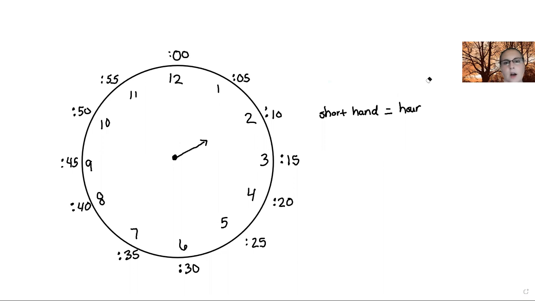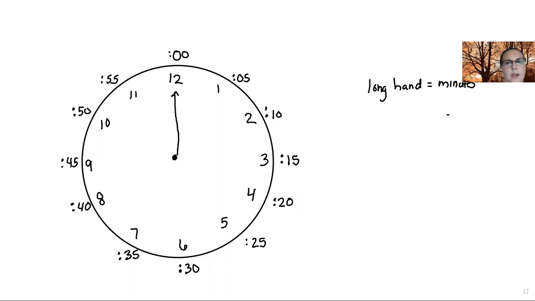I'm going to fix this really quickly. I'm going to make the long hand black, and I'm going to make the short hand a little bit different. So the long hand I'm going to make in black. Sorry, guys. Long hand equals minutes. And then the short hand I'm going to make in blue.